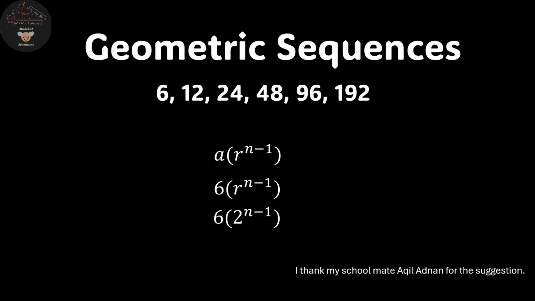Let's say we want to find the fourth term. We would have 6 times 2 to the power of 4 minus 1. And then that simplifies to 6 times 2 cubed, or 6 times 8, which is 48. And that is correct.